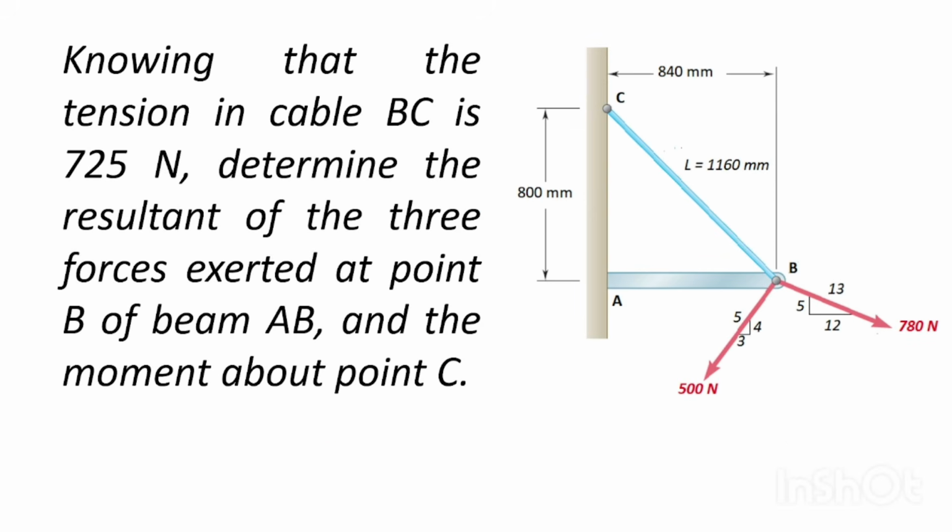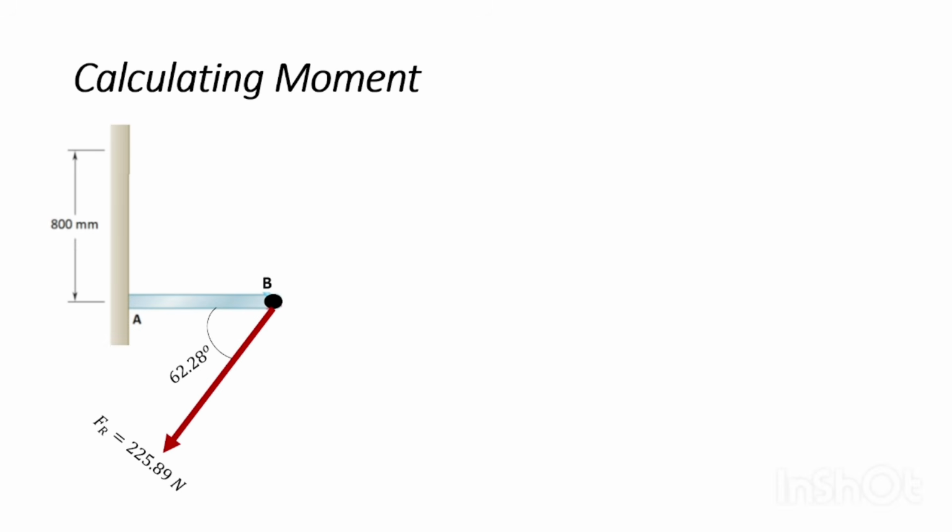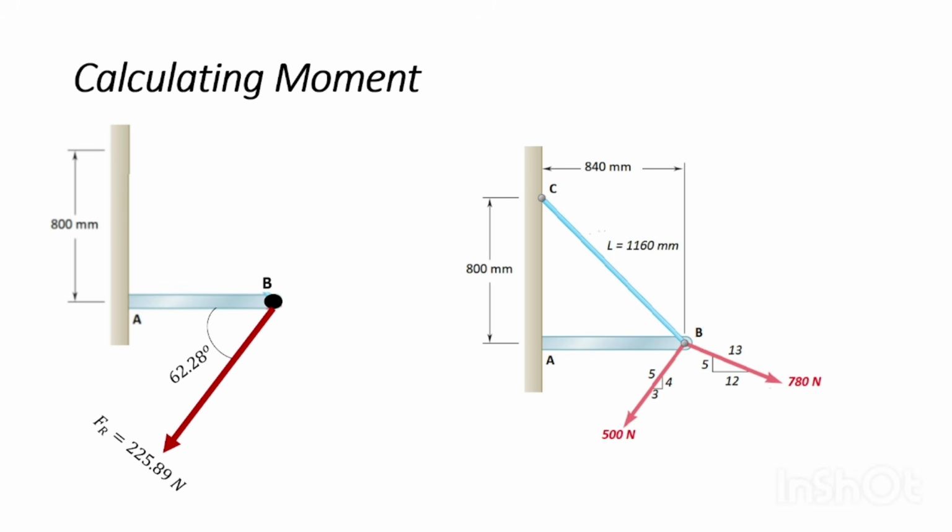We're also required to look for the moment about point C. That's the moment of the resultant about point C. And finding the moment is usually straightforward. We have our resultant, we have our space diagram as well, and we have the dimension of the x-axis.